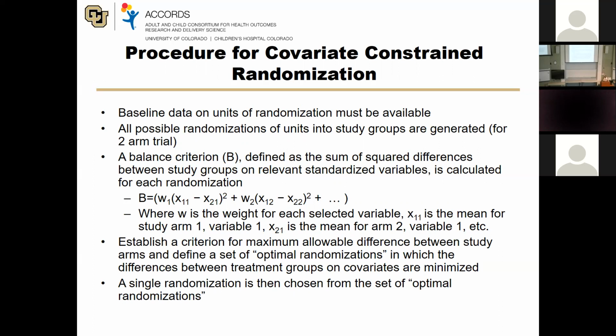And then calculate something called a balance criterion, which is defined as the sum of squared differences between study groups on relevant standardized variables. You can use a weight. We did not use a weight in this study, but it can be done. And then establish a criterion for the maximum difference between study arms, and that defines a set of optimal randomizations. And then from that set, you randomly select one randomization.